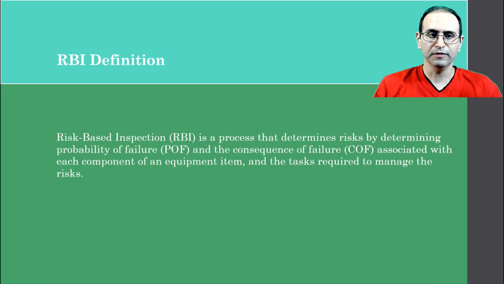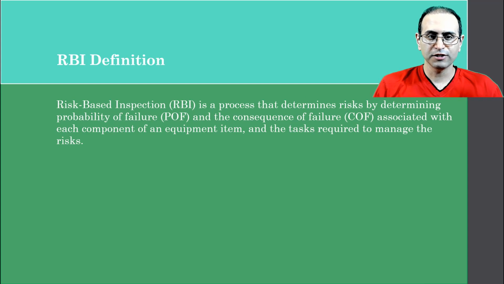RBI definition. Risk-based inspection, or RBI, is a process that determines risks by determining the probability of failure and the consequence of failure associated with each component of an equipment item and the tasks required to manage the risks. As you saw in the last example, we determine the probability, and then the consequence, and by multiplying these two we determine the risk for CUI and also the other deterioration mechanisms.